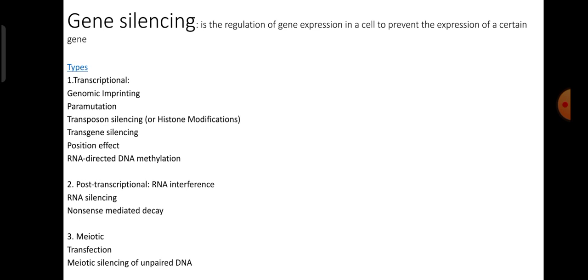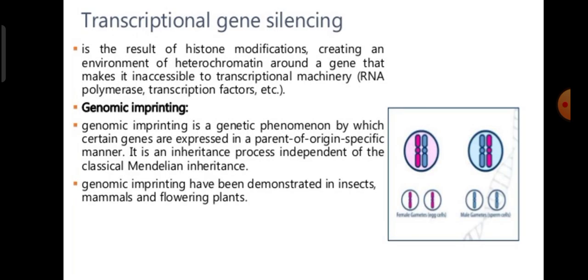The third is the meiotic gene silencing type, which includes transvection and meiotic silencing of unpaired DNA. So in this lecture we shall restrict our discussion to paramutation.